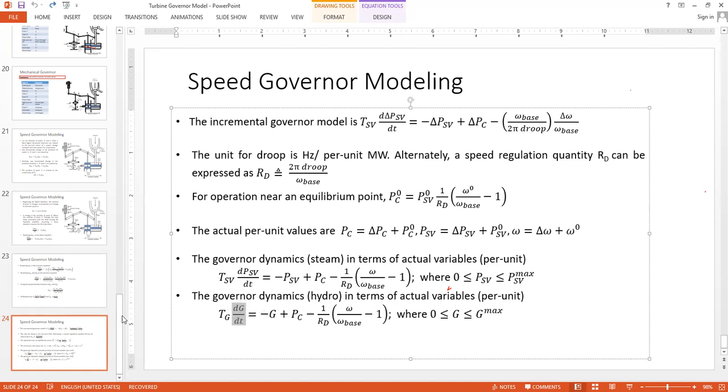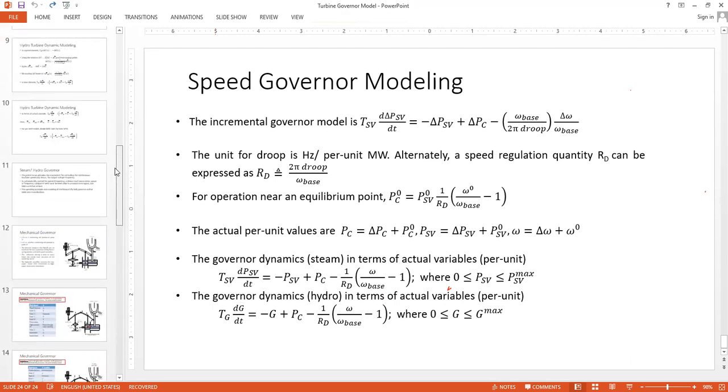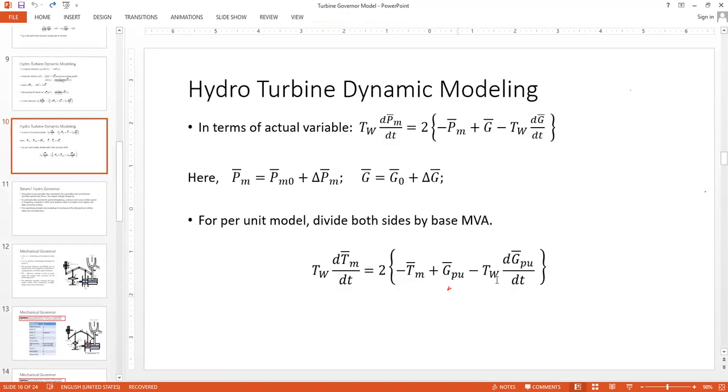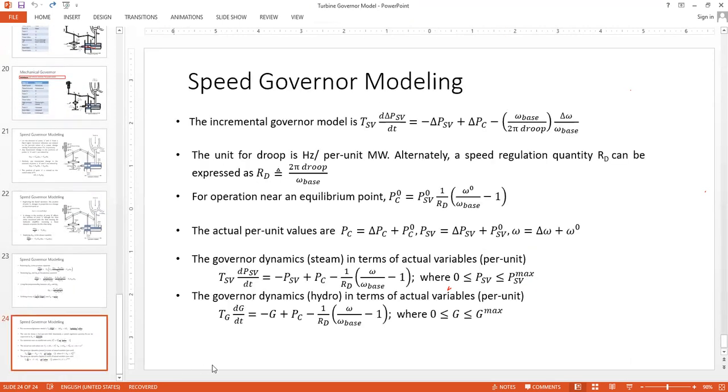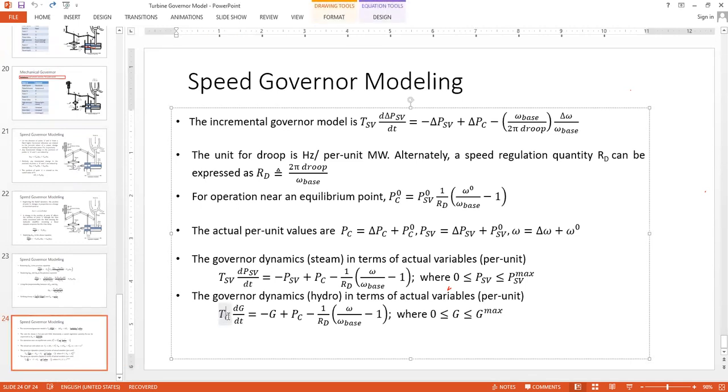And then this thing we have to replace in slide number 10 here. Actually, this Tg will become Tw. So Tw and Tg are same, water turbine time constant. Okay, Tw here and Tg there actually are same. So just to remove any ambiguity, simply write it as Tw.